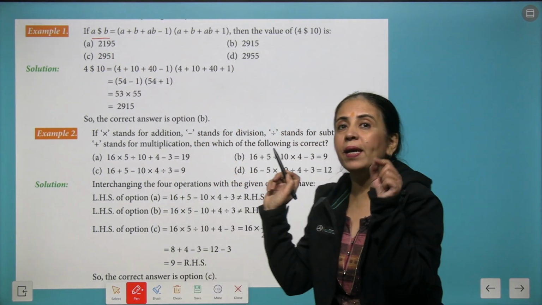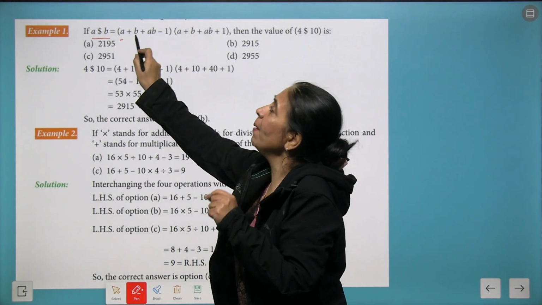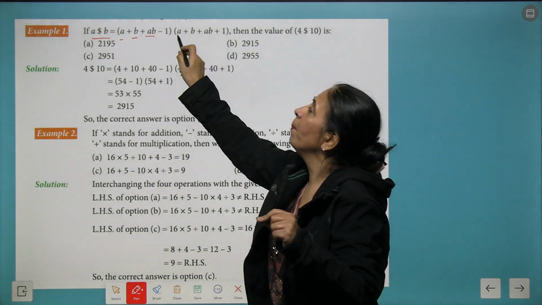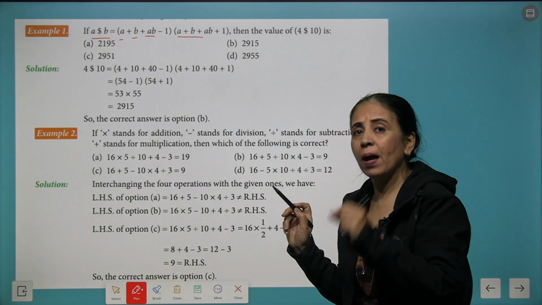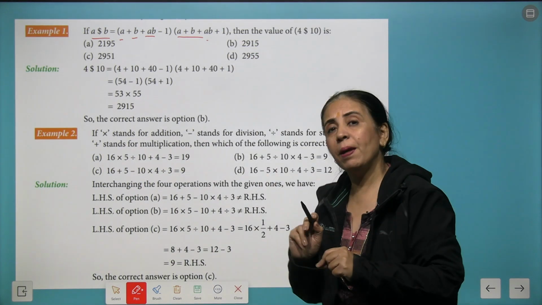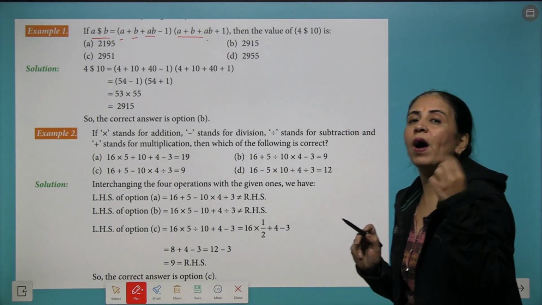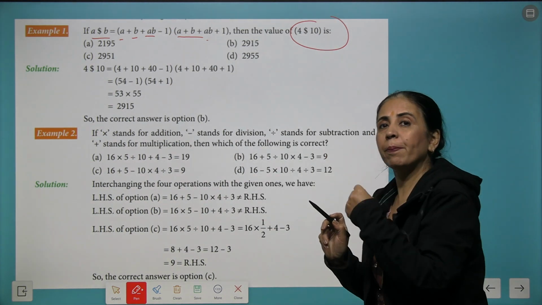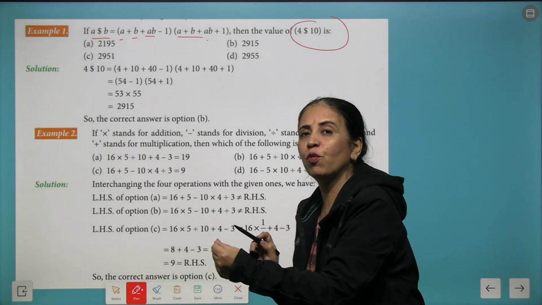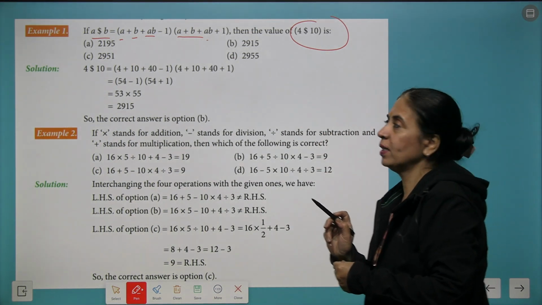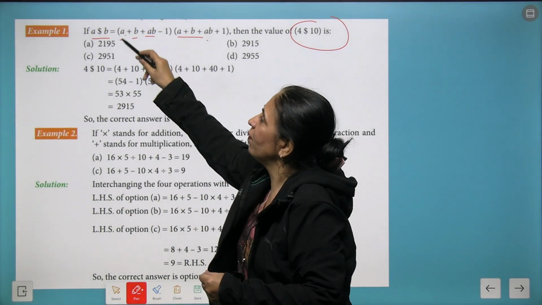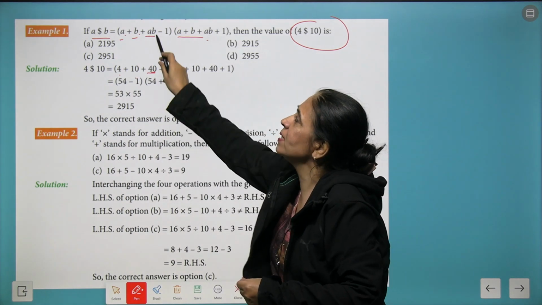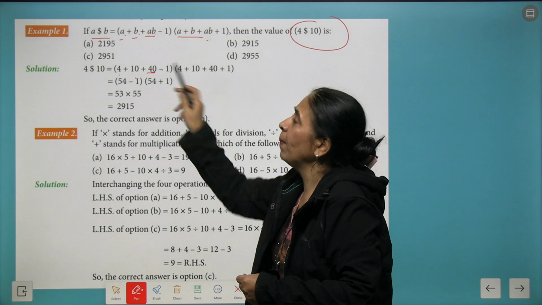If A $ B stands for (A plus B plus AB minus 1) multiplied by (A plus B plus AB plus 1), you need to find what will be the result of 4 $ 10. That means we'll replace A with 4 and B with 10. And on putting the values, 4 plus 10 plus 4 multiply 10, that becomes 40, minus 1.